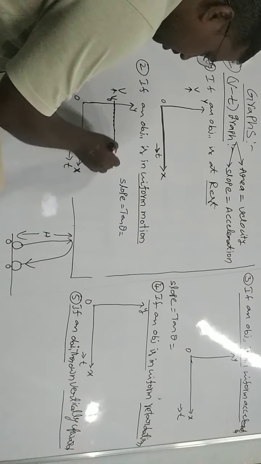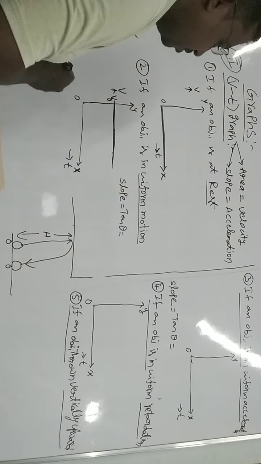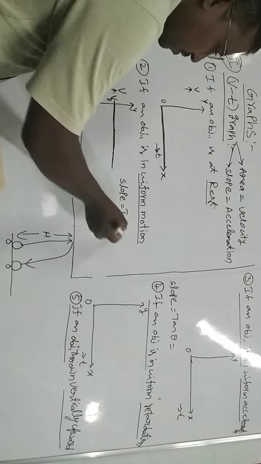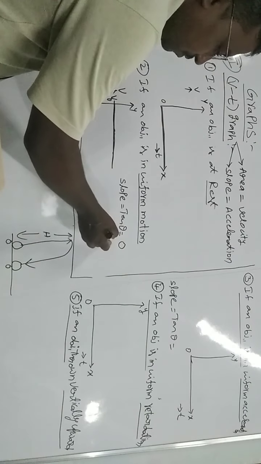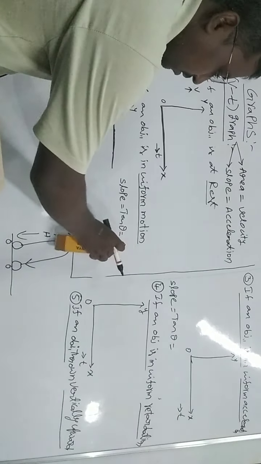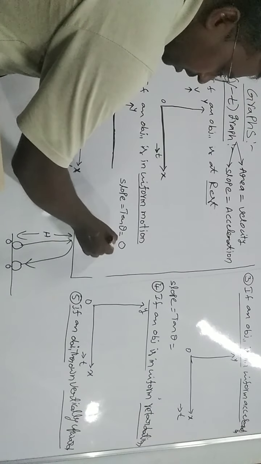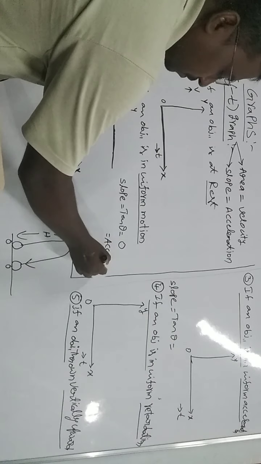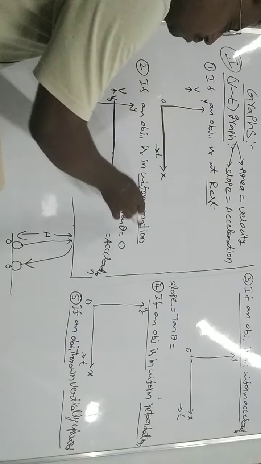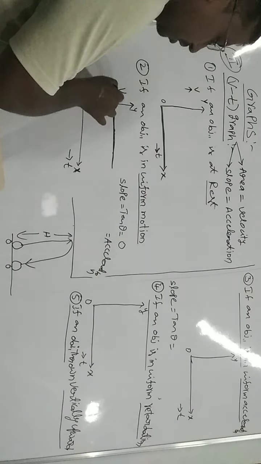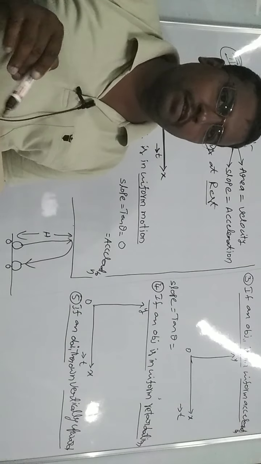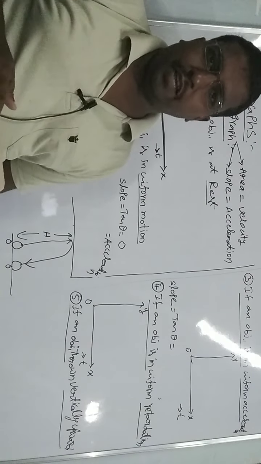So this is the representation of an object moving in uniform motion. There is no slope; the slope becomes 0, which gives acceleration. So whenever an object is in uniform motion, velocity remains constant and acceleration becomes 0. These we discussed in the previous classes.